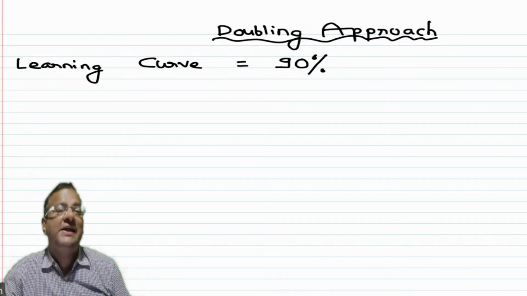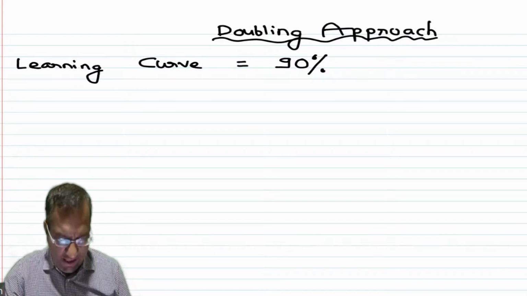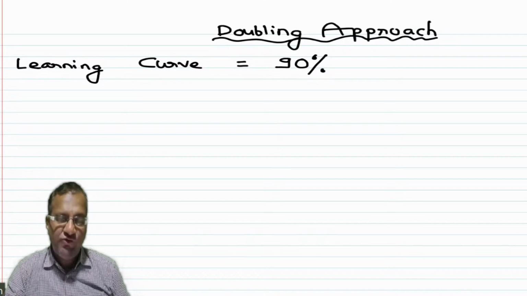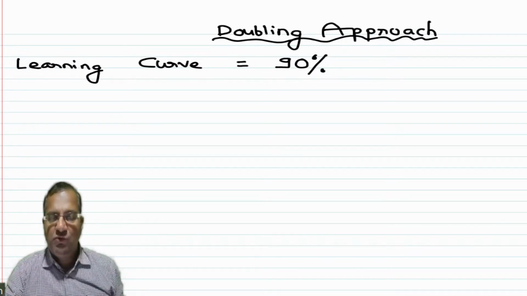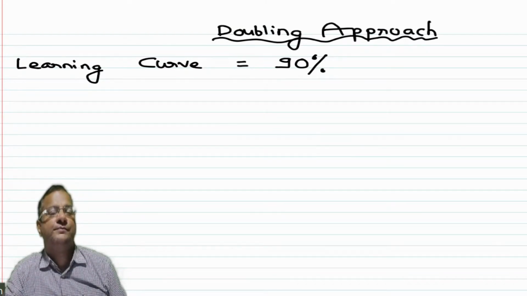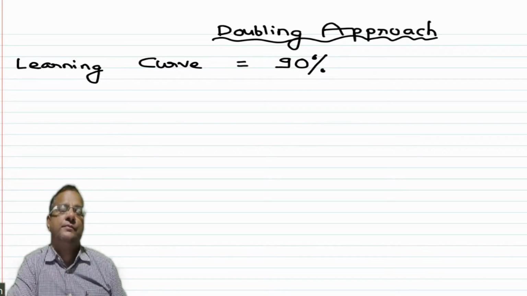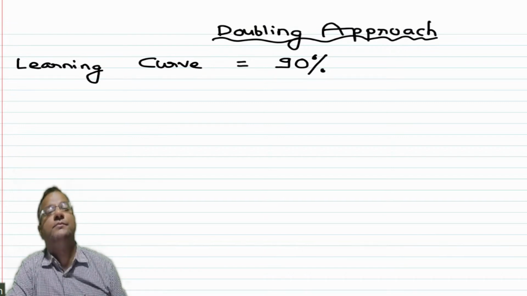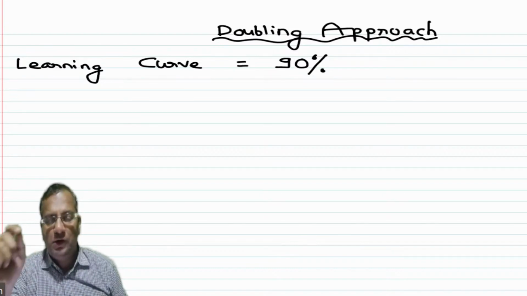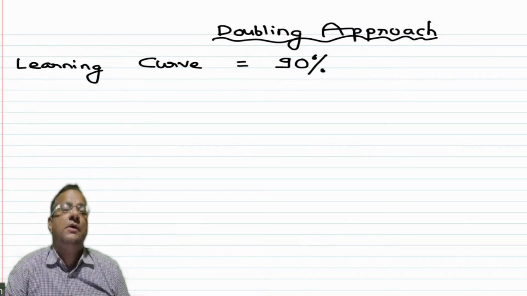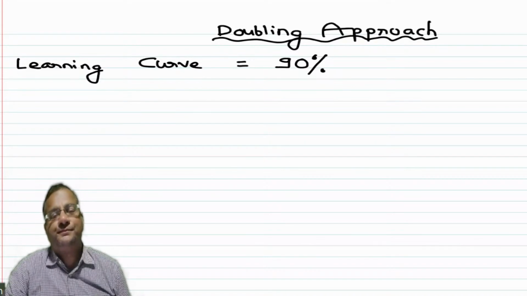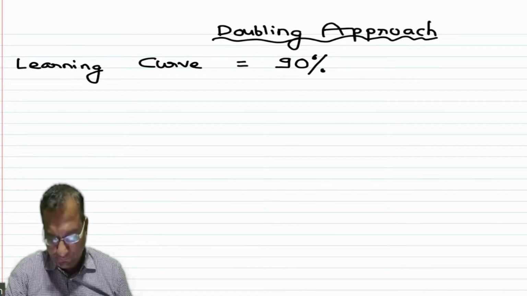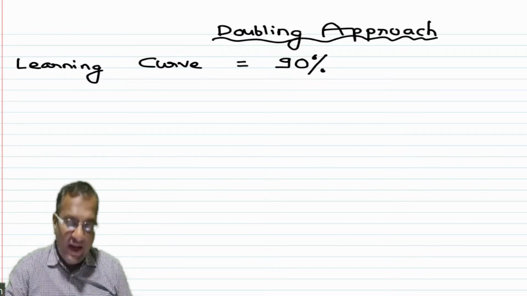Suppose the learning curve ratio is 90%, it means whenever workers double their production, the time taken by the worker, the average time taken by the worker, underline the word average, this is very, very important, is 90% as compared to the previous unit.